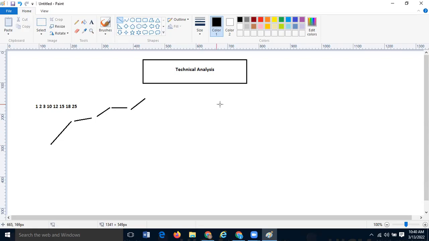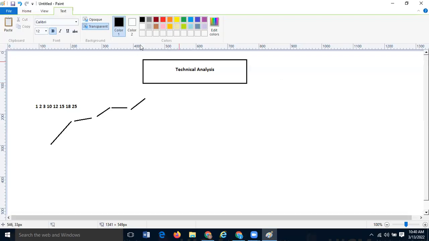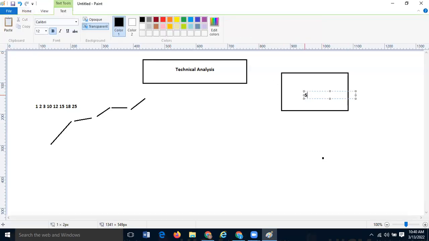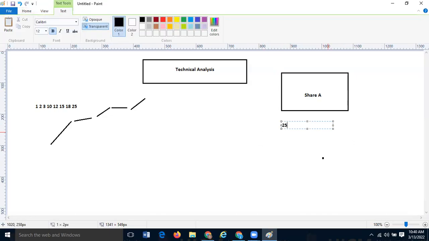Okay, suppose, for an example, I can give you different examples. Suppose this is share A. Okay, share A, fine. Now it has some price in that. It will move like it starts from 25, 26, 28, 15, 14 and 10 and then 5.